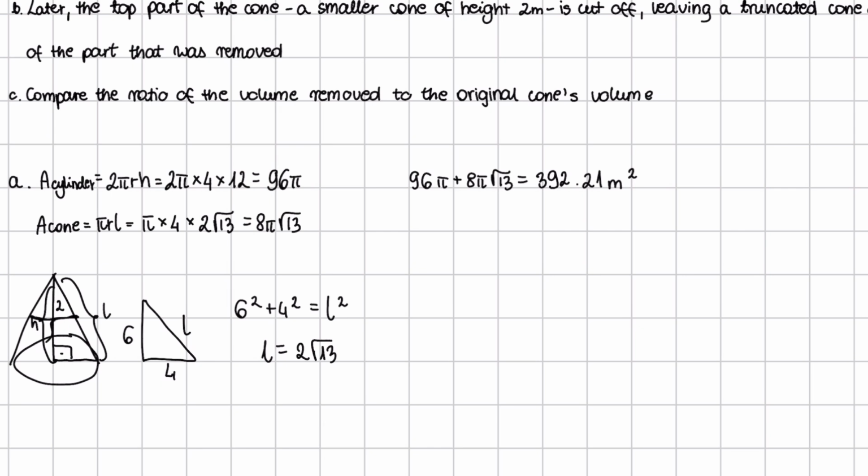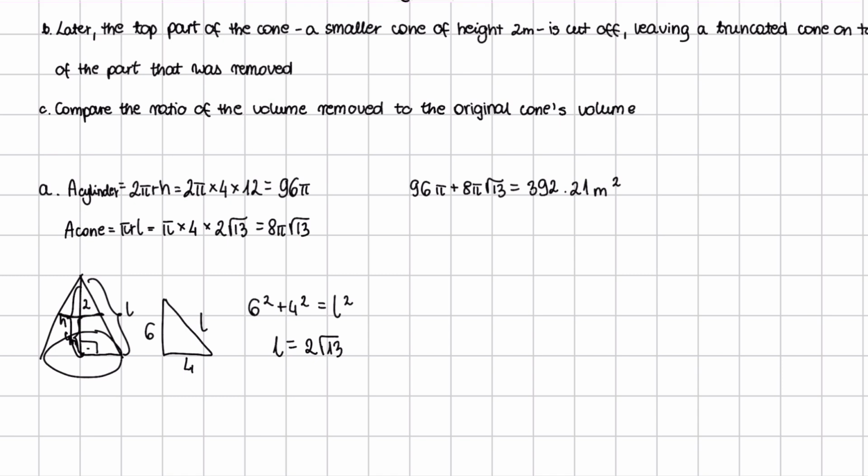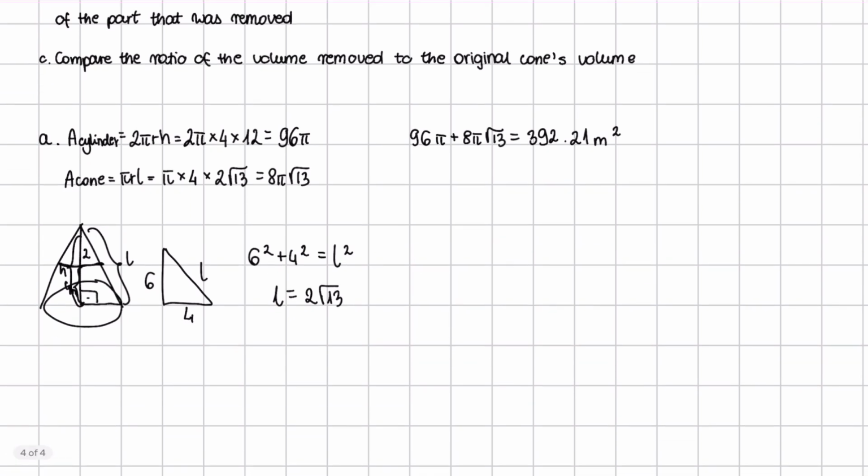So we're left with 4 meters. However, our figure that left is no longer a cone because we have now to consider this small cone. So we can draw it.